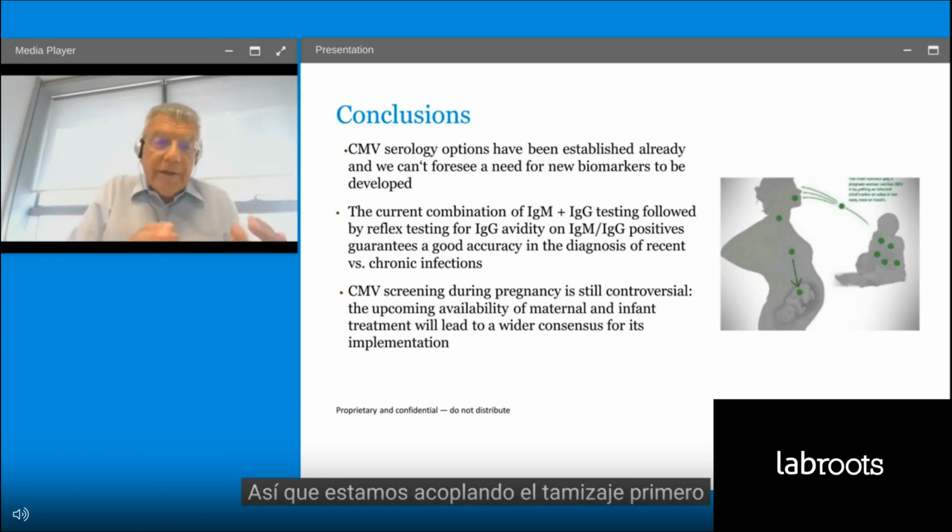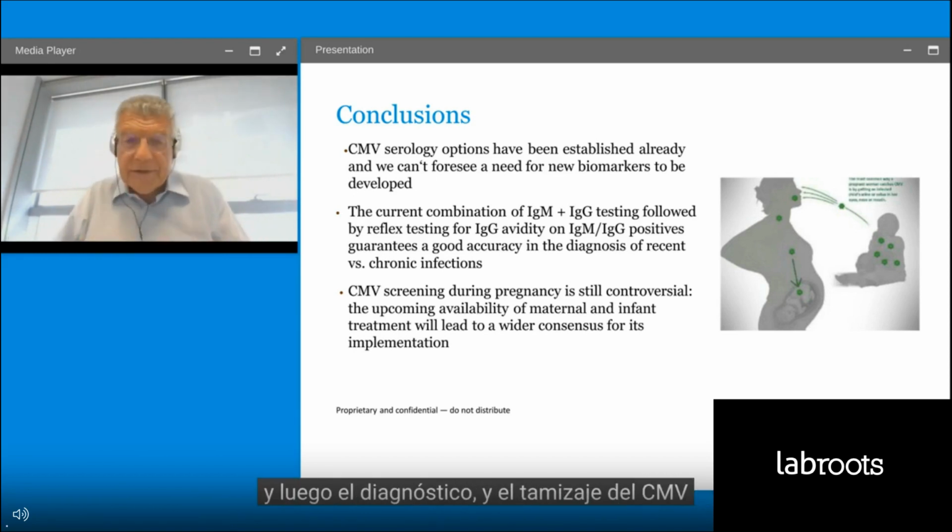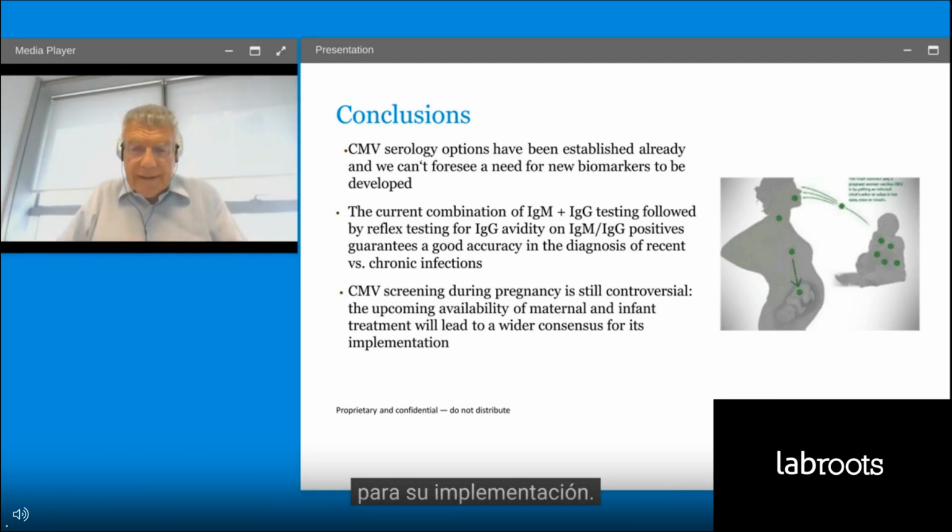So we are coupling the screening first and the diagnosis later. And CMV screening is still controversial, but we now have the availability of a treatment that will force a wider consensus for its implementation.